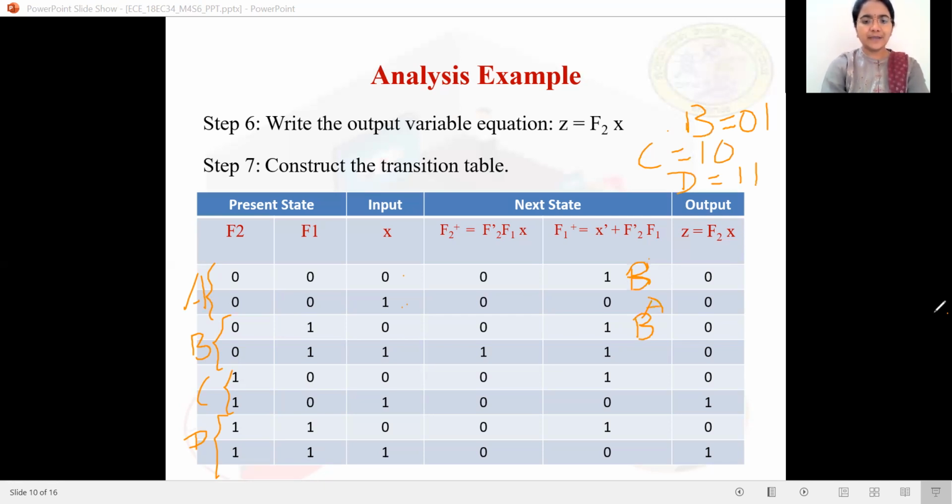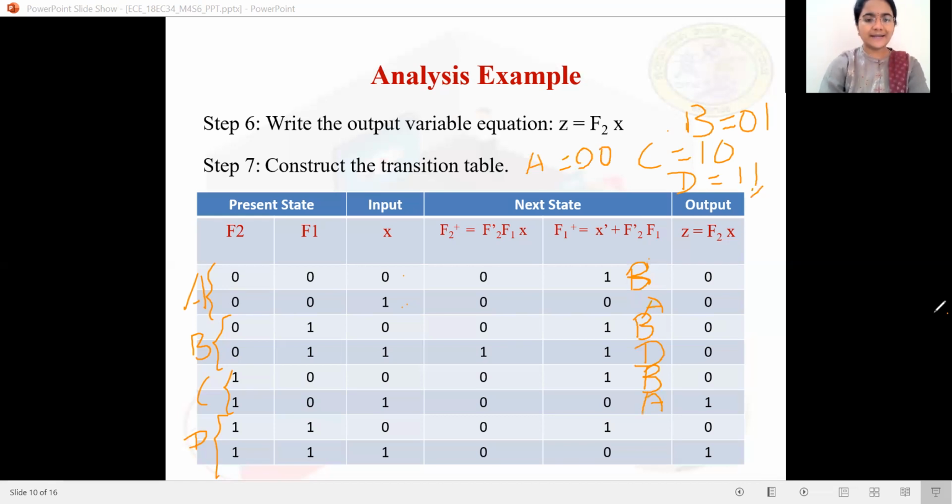When it is in state B and x is equal to 1, it will go to the state 1 1. What is 1 1? Here it is. When it is in state C and x is equal to 0, it goes to state B. When it is in state C and x is equal to 1, it goes to state A. That is 0 0 means A. A value is 0 0.